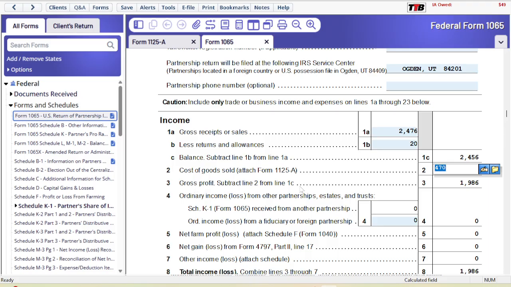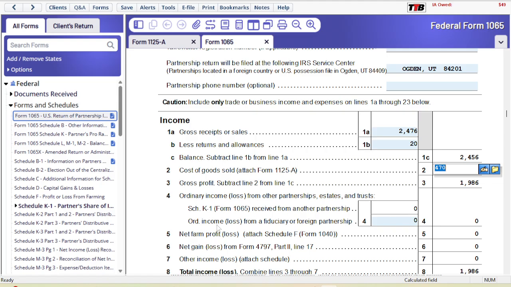So gross profit is going to take the revenue minus cost of goods sold, and we'll have our gross profit here, 1986. Ordinary income here. So if you have ordinary income from other partnerships, estates, trusts, and you got a Schedule K1 from it, it'll go there.